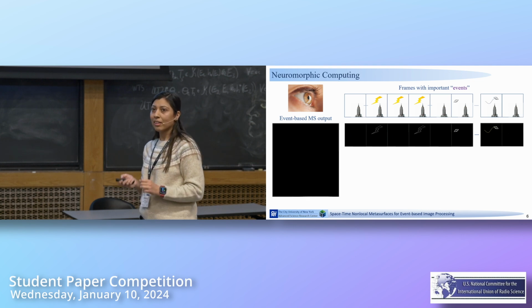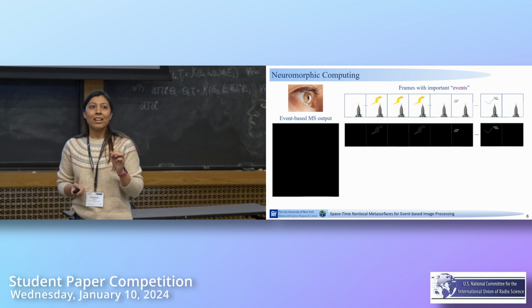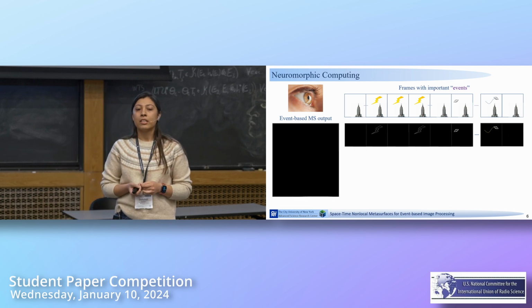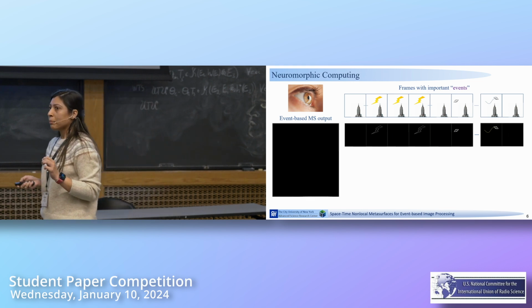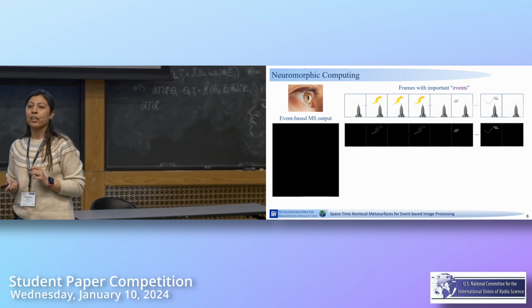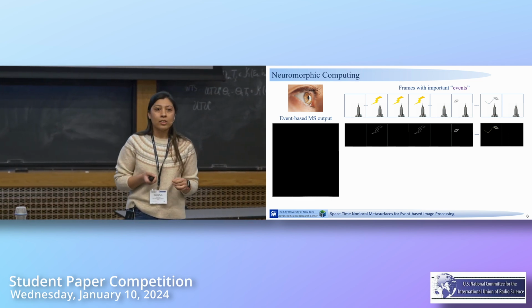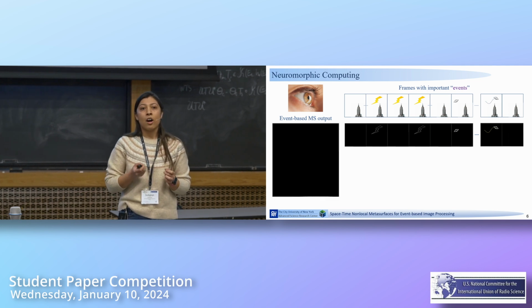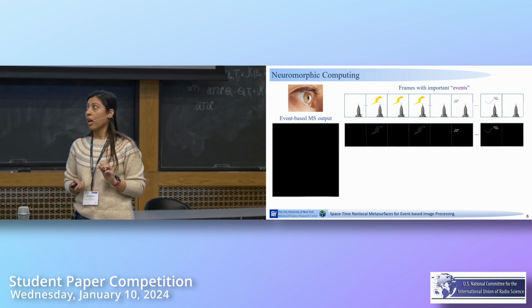But can we do even better than that? Our vision tends to ignore static images, and instead it's turned on when the scene changes. There's been lots of work recently around neuromorphic computing, which tries to create hardware and software that mimic the way our brain works.